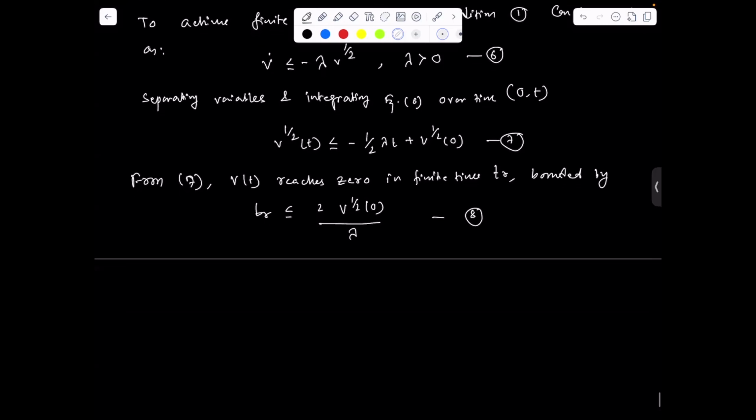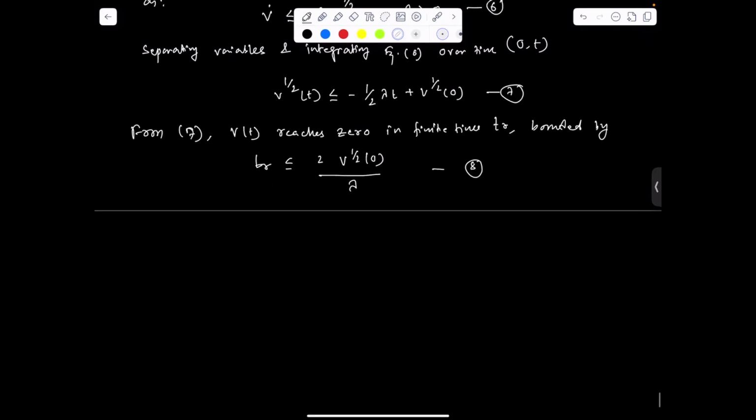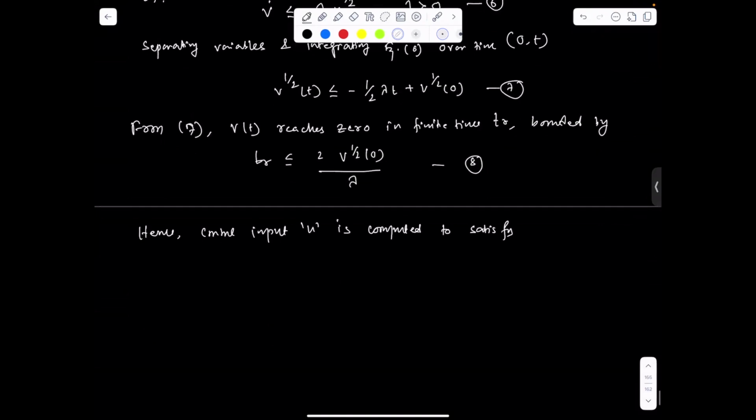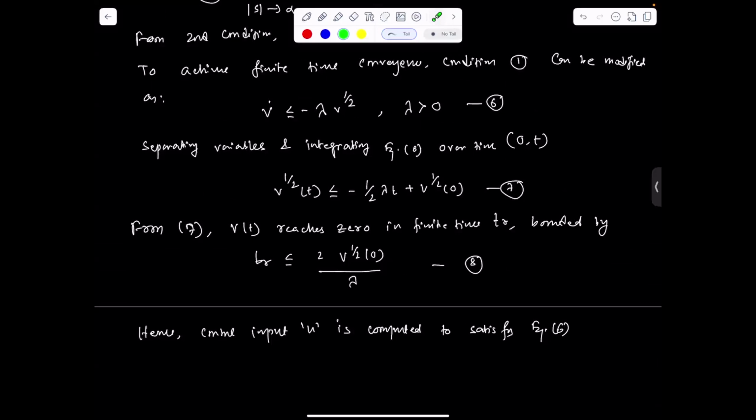And now we'll prove the finite time convergence of this control. We can write here, hence the control input, which is basically u, which we will be designing now, is computed to satisfy equation 6, which is defined by this.